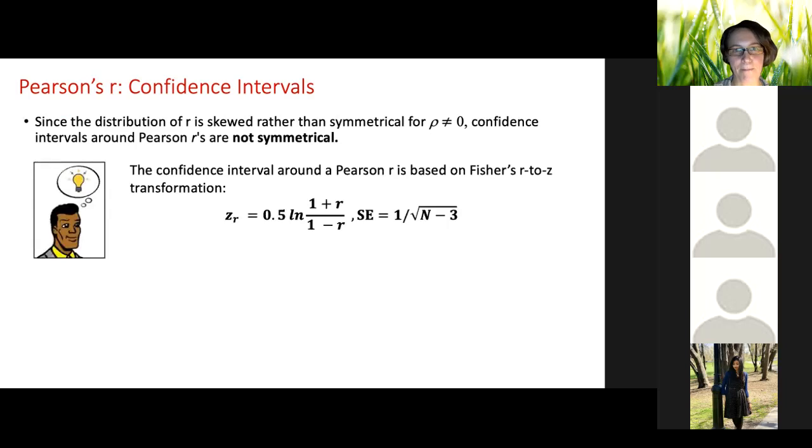So we use Fisher's R to Z transformation. That will help us with the confidence intervals as well. We're doing the same thing that we did when we performed the significance test. We're just transforming our R values into Z values.